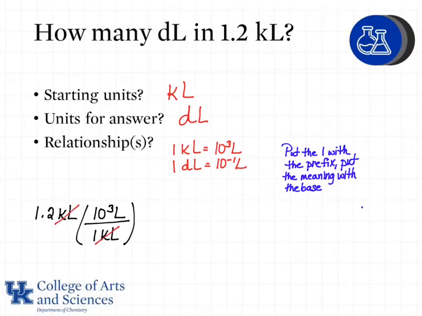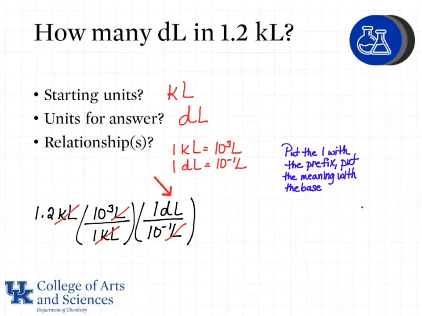Next, we can cancel out units of kiloliters. We're going to go another step. Because we have liters on the top, we're going to put liters on the bottom of the next step. And then we can put our 1 deciliter on top. Now we can cancel out units of liters, and we're left with units of deciliters.